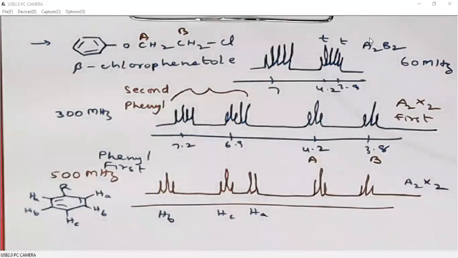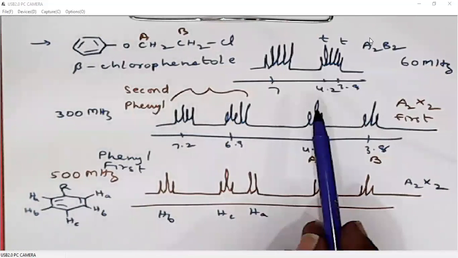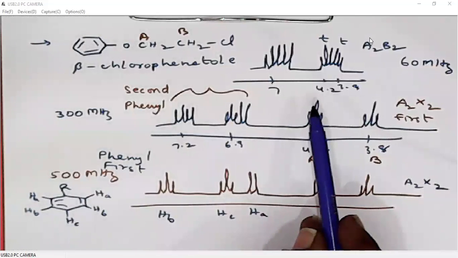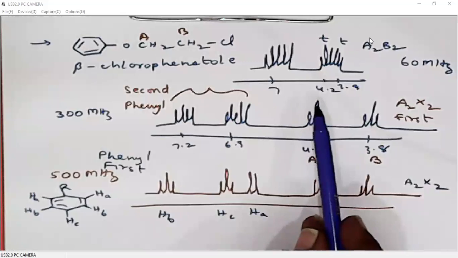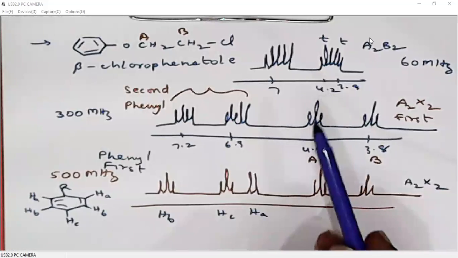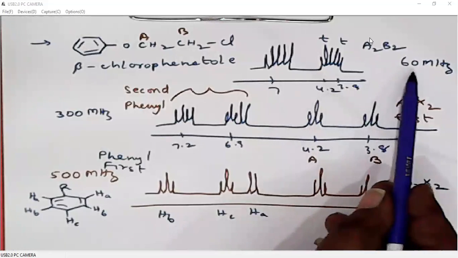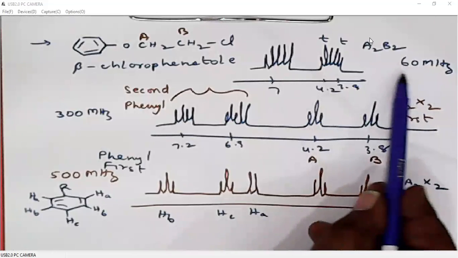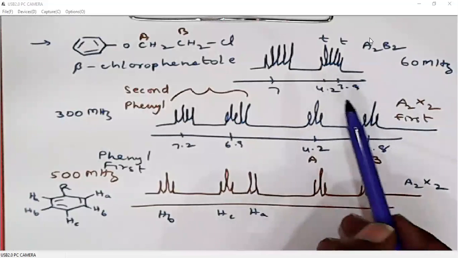Generally, second order spectra were encountered in the previous cases, in the last 2 or 3 decades. Why? During that time, in the initial stages, we had only 60 megahertz instruments, so people used to get second order spectra.